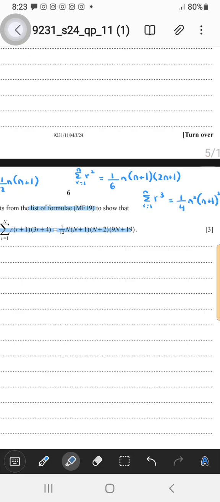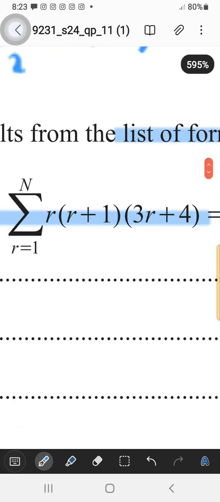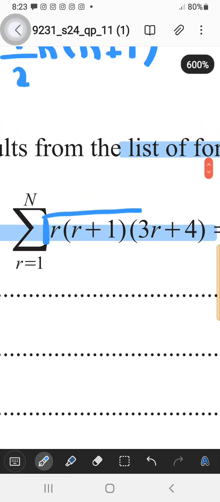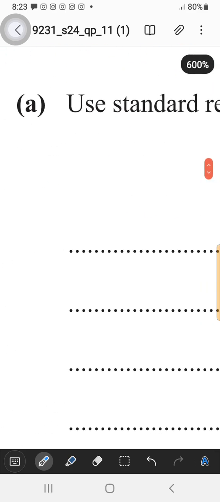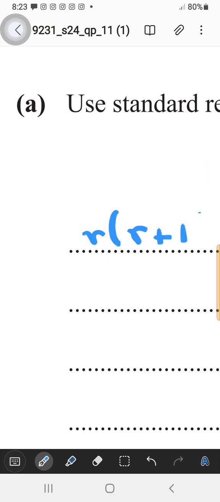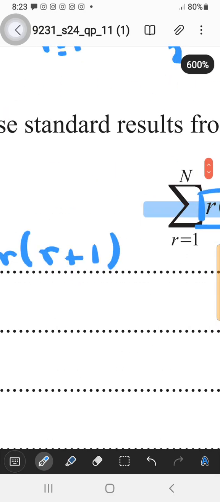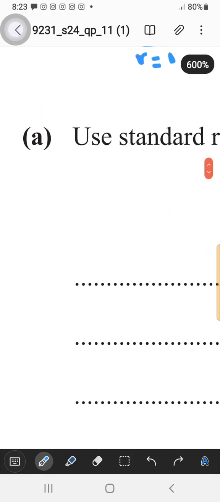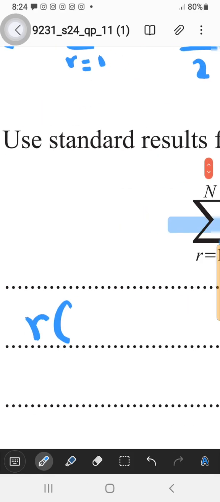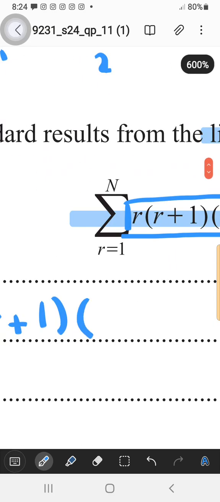How we will do this? First of all, we will expand this. We will just expand r, r plus 1, 3r plus 4. Wait for a bit, let me shift it to the second line.